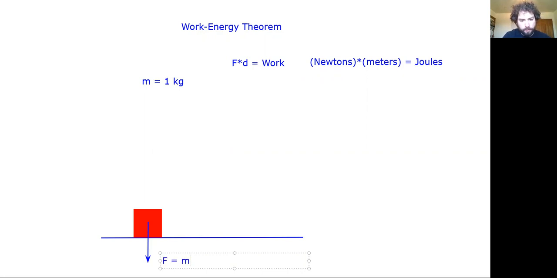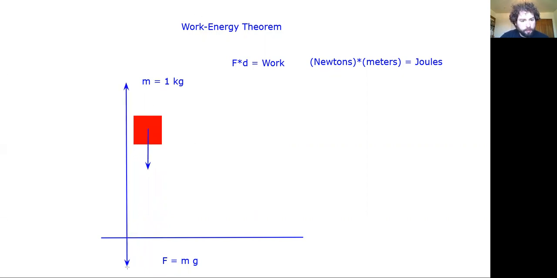That's equal to m times g, obviously. And then what we're going to do is lift this up to a certain height. To do that, we're going to need an axis, and we'll call this the y-axis.